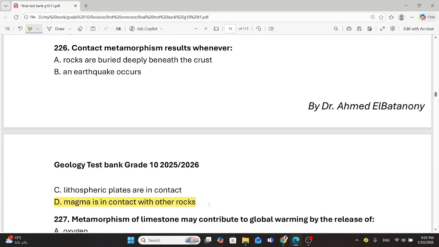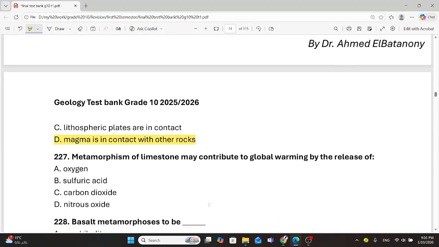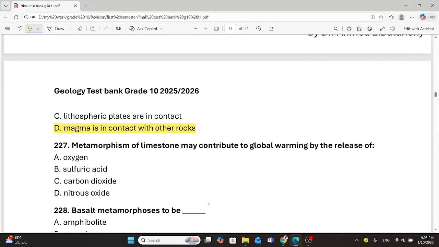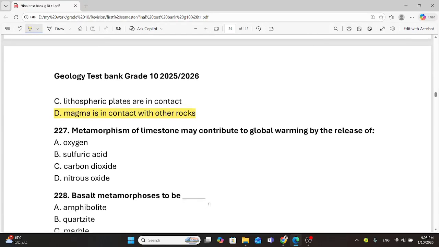Magma is in contact with other rocks. طيب metamorphism of limestone may contribute to global warming by release of oxygen ولا sulfuric acid ولا carbon dioxide ولا nitrous dioxide. هتبقى carbon dioxide.